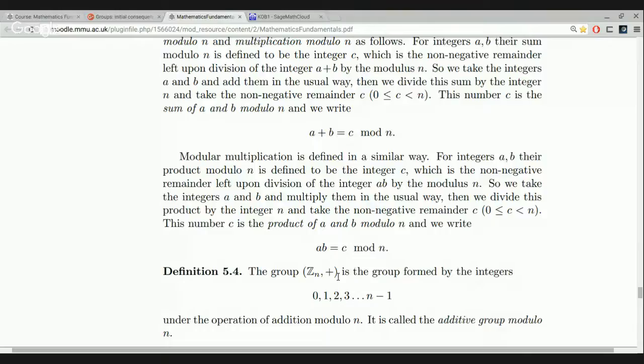So these groups are cyclic groups. It's cyclic because it has a generator. This is the definition of the term: a cyclic group is generated by one of its elements.